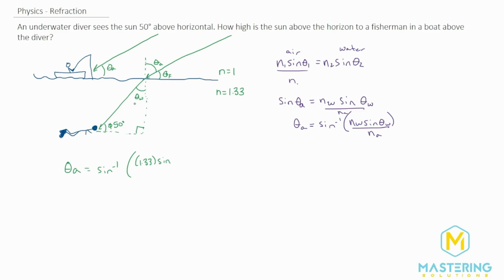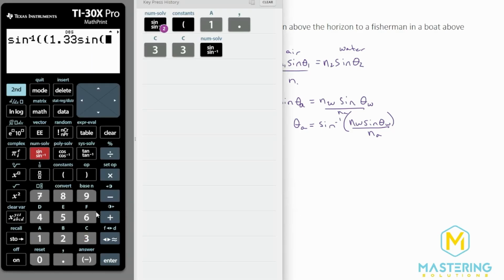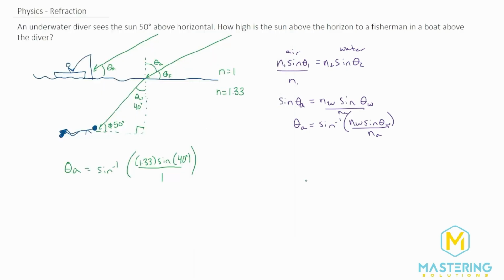So this angle here is 40 degrees. So sine of 40 degrees, and that's all over 1, like we said. So plugging that in, we have inverse sine of 1.33 times the sine of 40 degrees. We're in degree mode. And so we have 58.7 degrees. So this is 58.7 degrees.